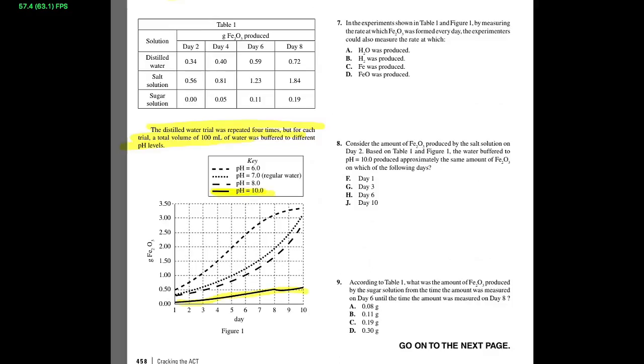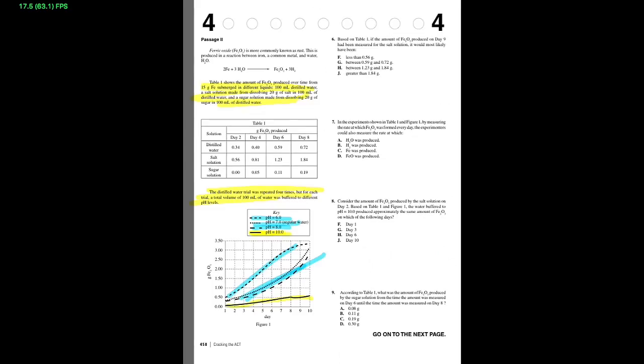The other 3 parts didn't factor in at all. Didn't matter at all. So we didn't have to worry about any of that stuff. That was enough for us to answer all those questions. So there you have it.